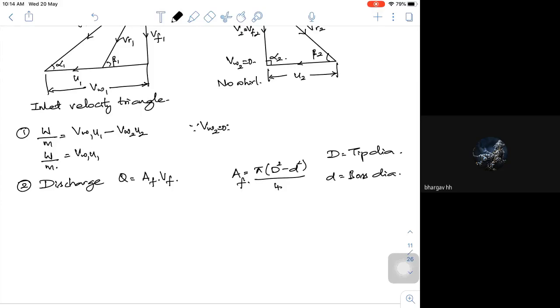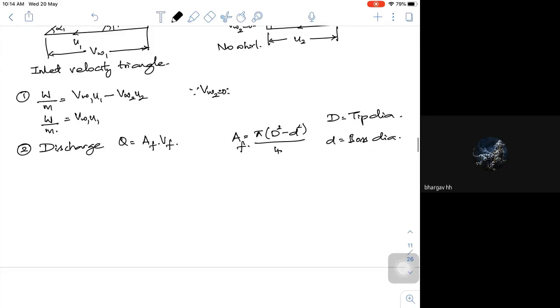So in case of your Kaplan turbines, we need to look into certain ratios. One of such ratios is the speed ratio. What is the speed ratio? It is equal to, as already defined, U by V1, where V1 is the absolute velocity and U is your blade velocity.